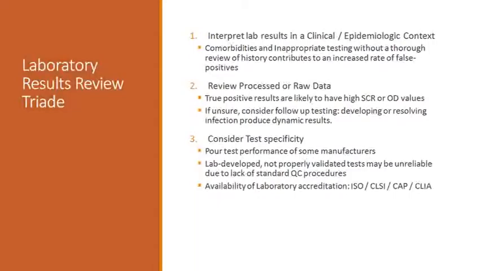If the results have a low signal to cutoff ratio or optical values, and you are not sure how to make a decision, it's recommended to take a follow-up sample a week later, and you will see the dynamic, because if there is an infection, you will see a dynamic of that infection, either an increase of signal to cutoff ratio or a decrease in a resolving infection.